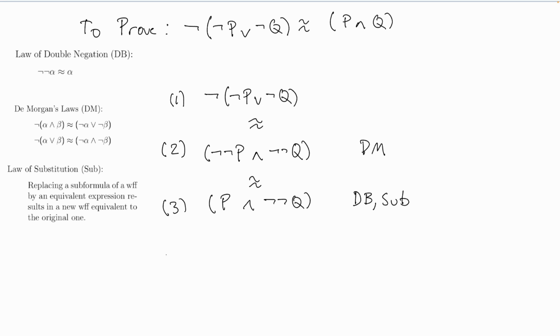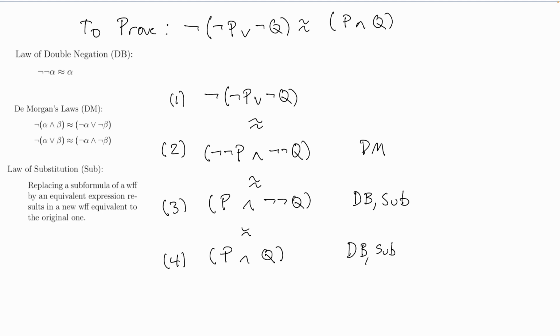Next, as the fourth line in the proof, I'm going to write down P and Q, claiming that it is equivalent to P and not Q. Once again, as justification for that claim, I'm going to cite both the law of double negation and the law of substitution.